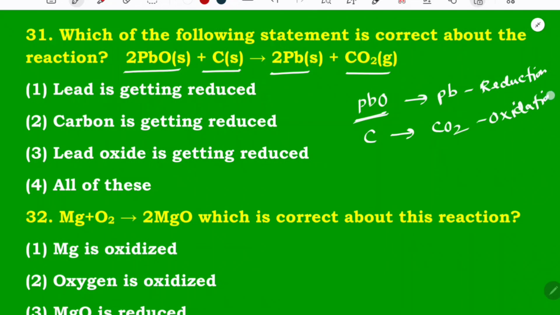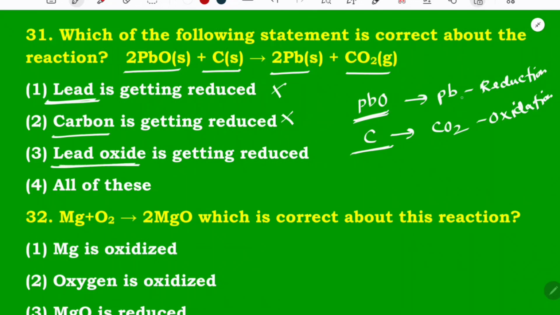This is oxidation. So which is reduced? Lead oxide is reduced. Which is oxidized? Carbon is oxidized. The option saying lead is getting reduced is wrong. The option saying carbon is getting reduced is wrong, because carbon is oxidized.